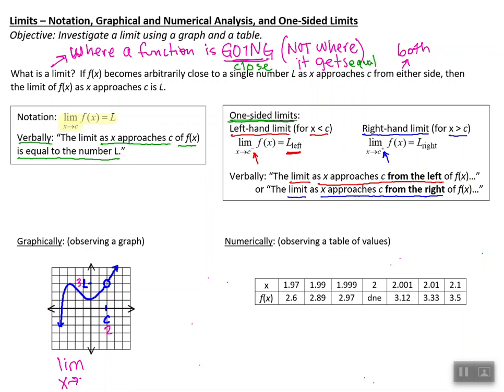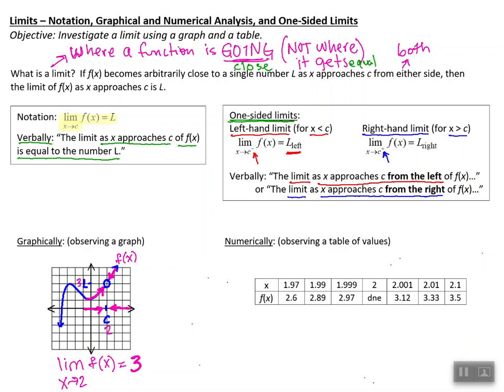So the limit as x approaches 2 of our function, we'll label this function f of x so that it is clear, of f of x equals, so I notice that coming from the left side, the function looks like it's getting closer to the y value 3, and coming from the right side. When I say the left and the right, I'm thinking on the x-axis, coming from the left and coming from the right.